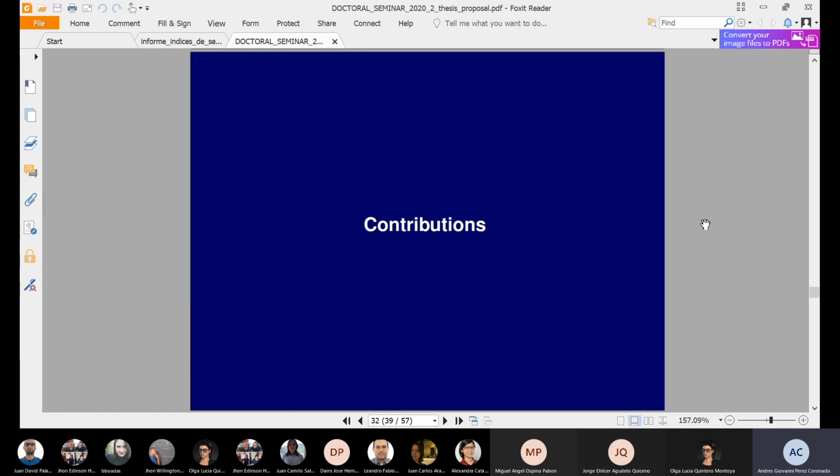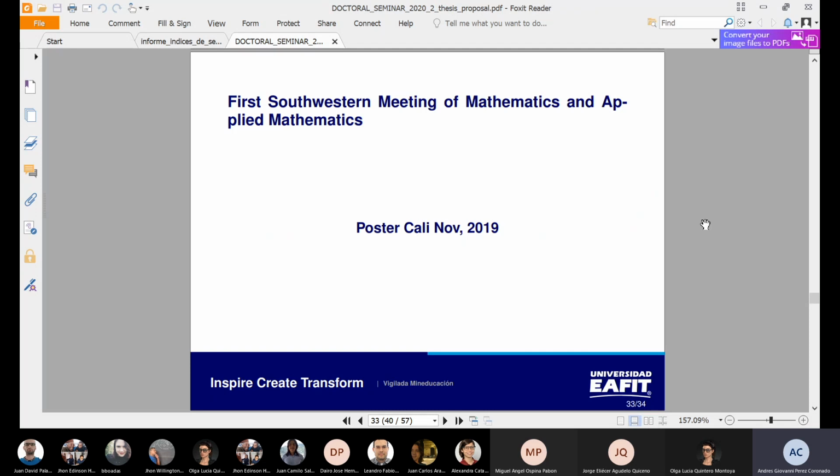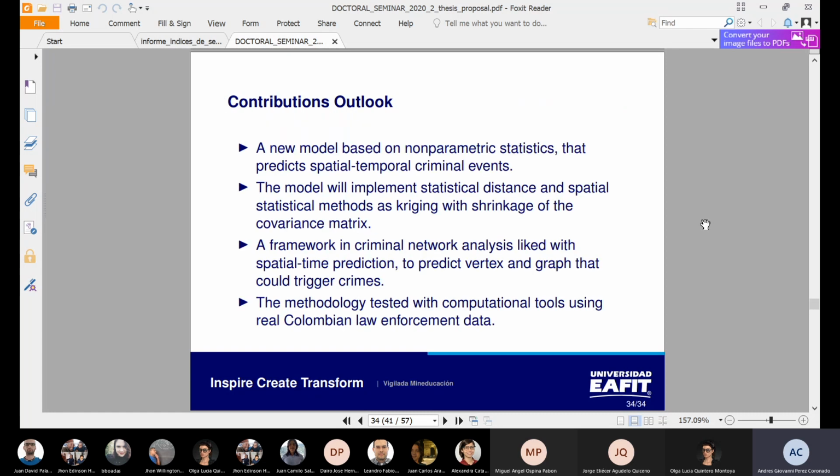As for contributions right now, partial contributions: first, at the Southwestern meeting of mathematics and applied mathematics, we presented a poster in Cali with the advance of using Mahalanobis distance in the interpolation process. That was good. My contributions outlook is a new model based on non-parametric statistics that predicts spatial-temporal crime events.